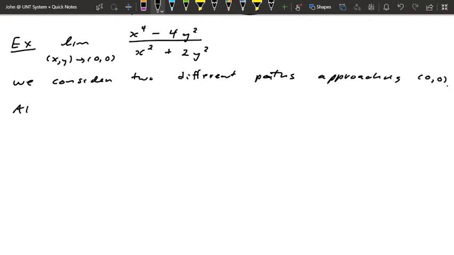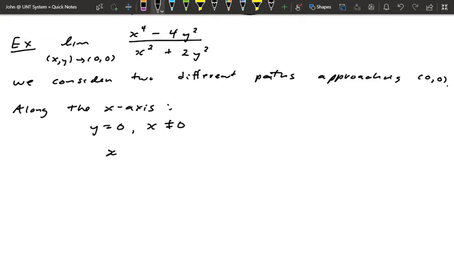So let's see. If we approach 0, 0 along the x-axis, on the x-axis, y is equal to 0. And because we're never going to consider the point 0, 0 itself, x would have to be not 0.